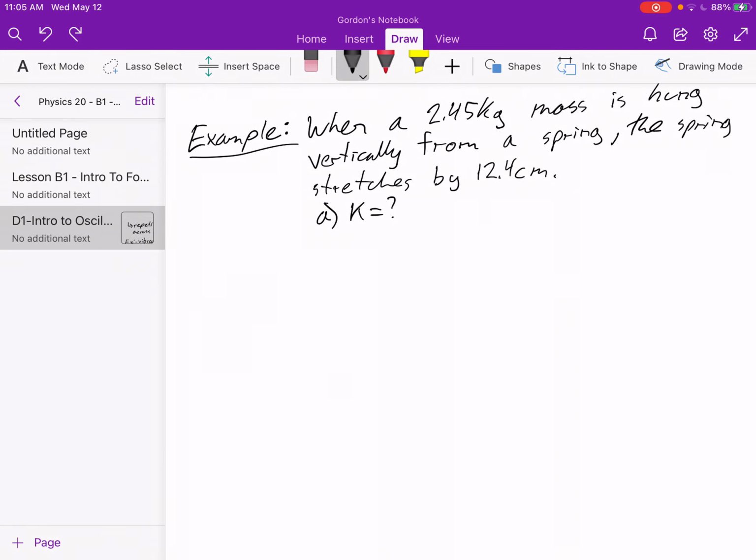So let's draw a couple pictures here just to make sure we fully understand the situation. Okay, so at first we have a spring that's just hanging there. Then we take that same spring and we add this mass onto it.